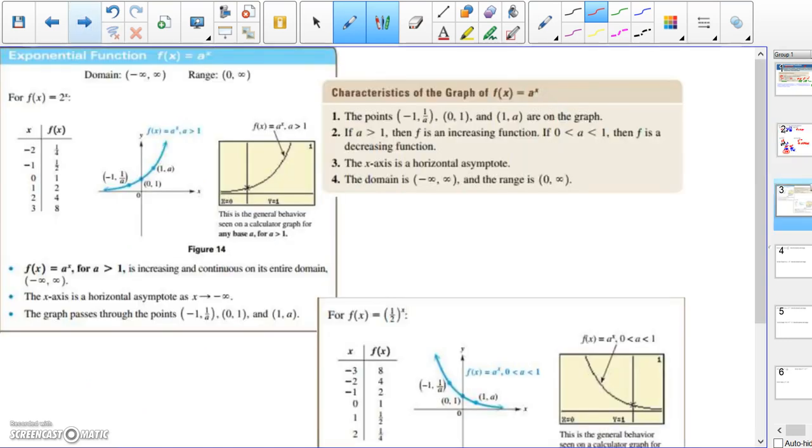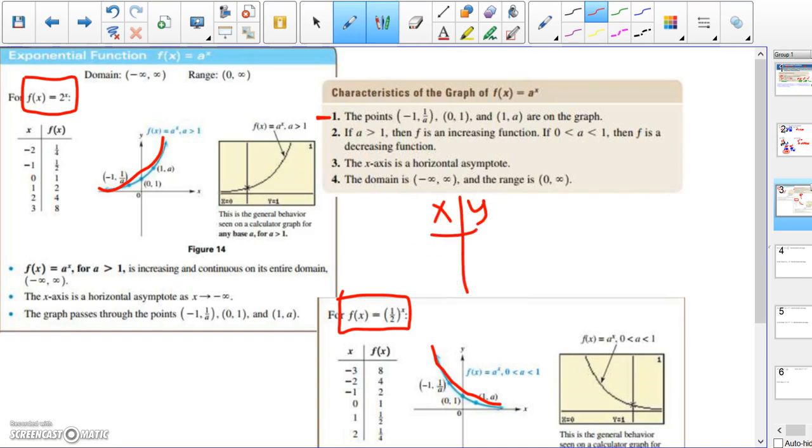So this next slide, they're kind of taking you through some basics of growth and decay. Notice when that a number is bigger than 1, it's going to be growth. And when that a number is in between 0 and 1, it's going to be decay. So you can read through there for some properties. This one's kind of important because it tells you what to plug in. Essentially, you're going to be making a table and you're going to be plugging some numbers in.